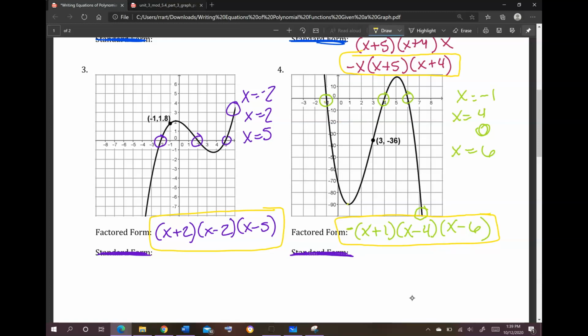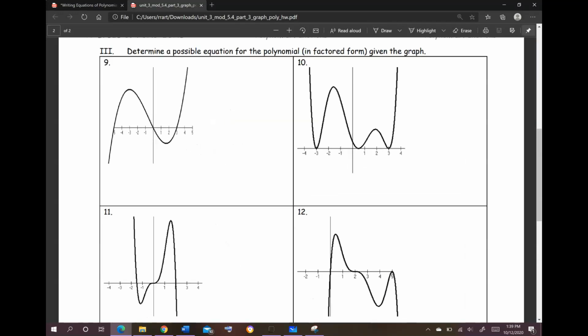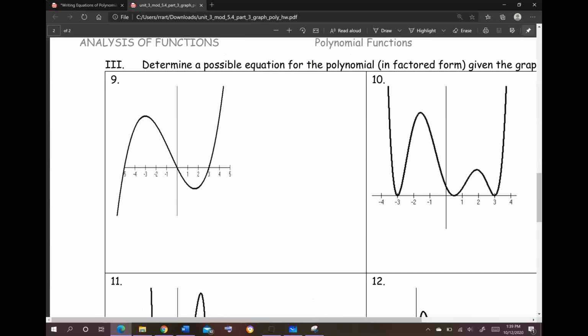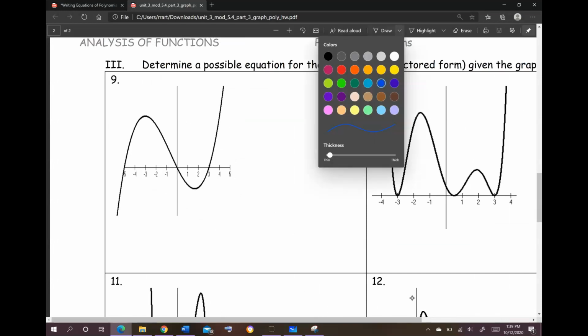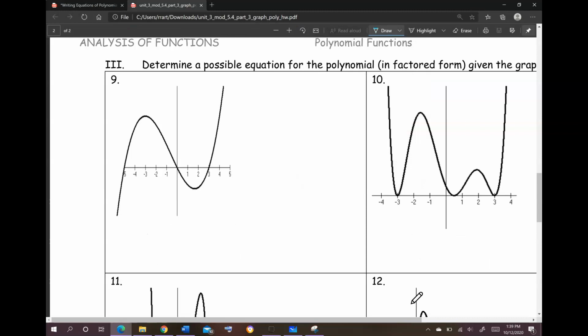All right, let's do some more. I got a few more left to do. Let's get into where it touches and crosses, okay? So, same steps as the last time, okay? So let's do this pretty blue. Okay, get your intercepts. 1, 2, 3.